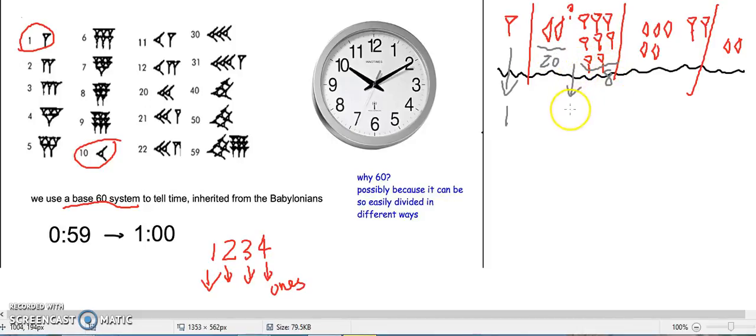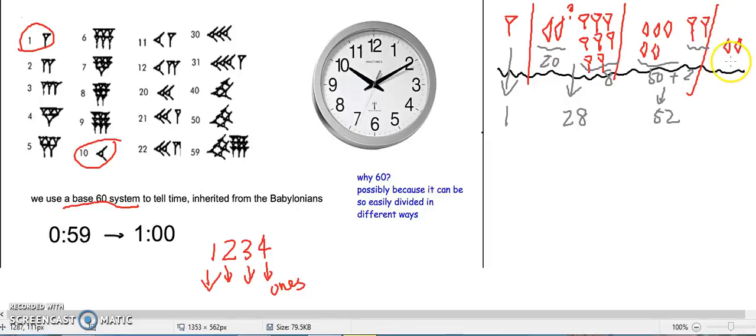So when we add them together, we have 28. So the second place represents 28, because we have base 60, so you're allowed to have 28 in one place. And over here we have a sideways wedge, which is 50, and we have 2 ones, so adding them together we get 52.